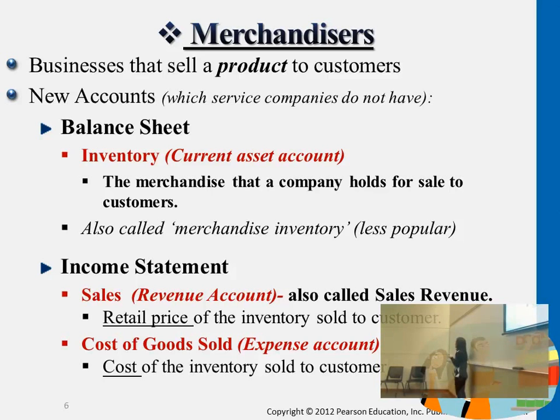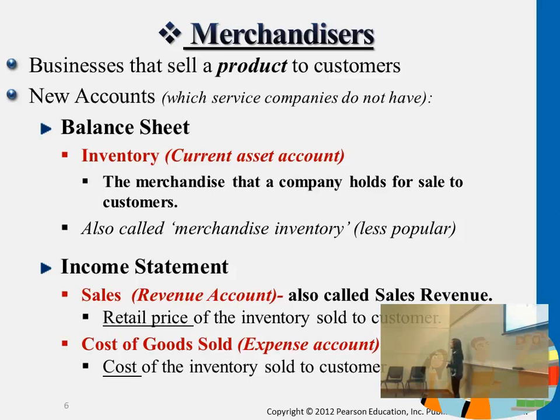Just remember that it's similar to the idea we mentioned earlier: supplies purchased earlier are an asset, and then when we use them up, we call it supplies expense. Or in chapter 3, we also mentioned the prepaid insurance asset account or prepaid rent account. Then when we use them up, it's called rent expense or insurance expense.